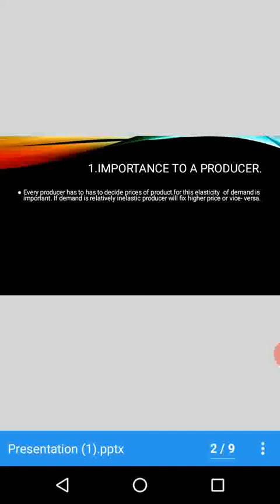So to keep the demand up to the present level, even though there is a fall in price, since demand is relatively inelastic, he can charge a higher price for his product and get maximum profit, or vice versa.